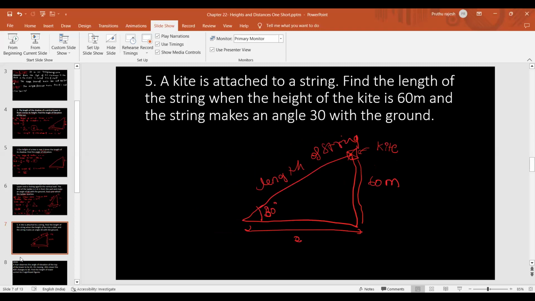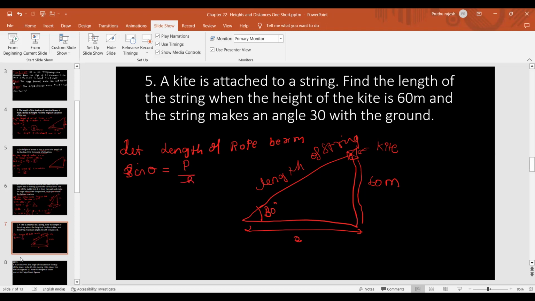Let the length of the rope be x meters. Now they've given the perpendicular, and we have to figure out the hypotenuse. We can use sine theta equal to perpendicular by hypotenuse.